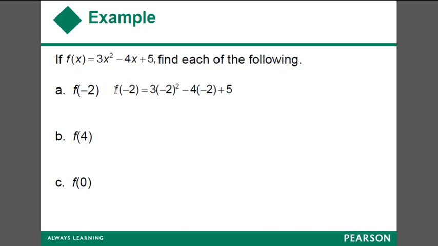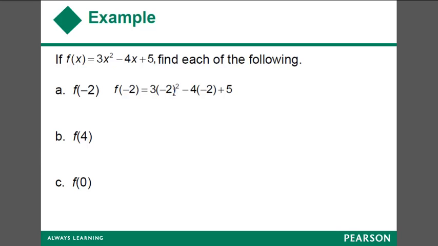For example, I have written f of negative 2 is equal to 3 times negative 2 squared minus 4 times negative 2 plus 5. Notice, in my original function, I have taken everywhere there's an x and placed a negative 2. Remember to go ahead and put what number you're replacing x with in parentheses. This will also help you.